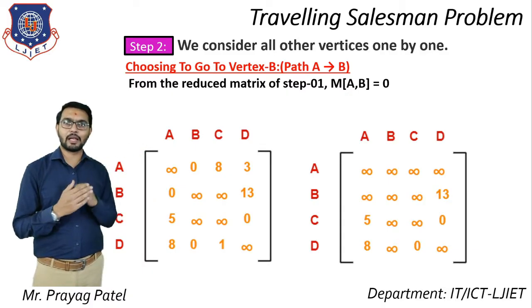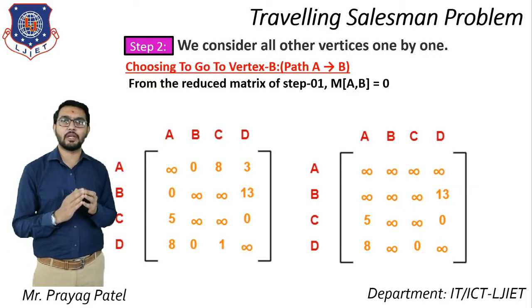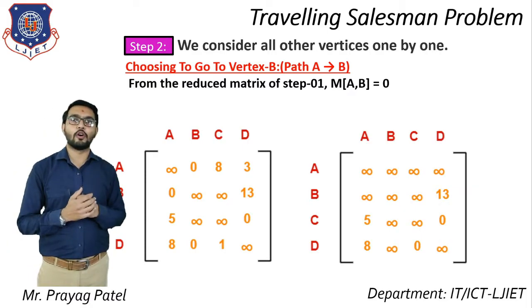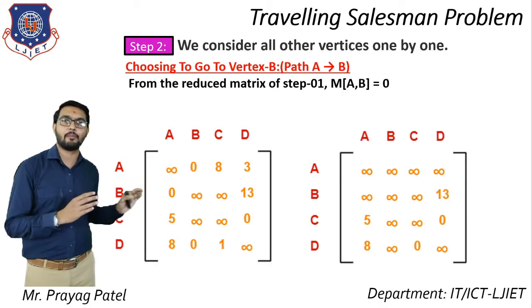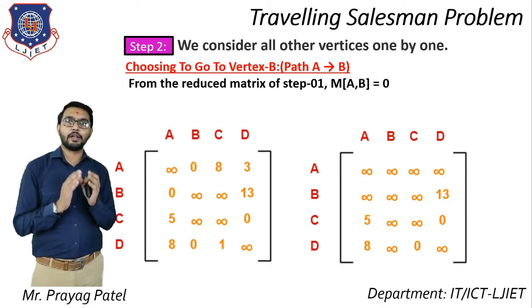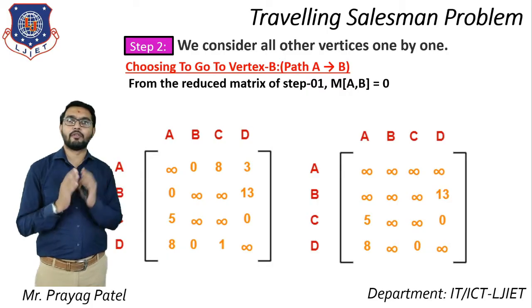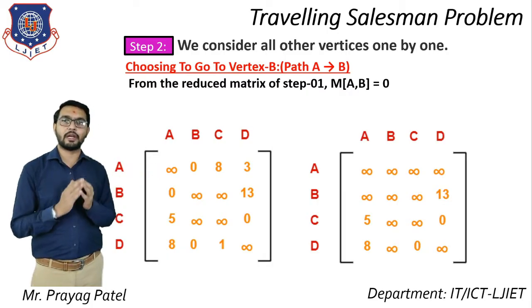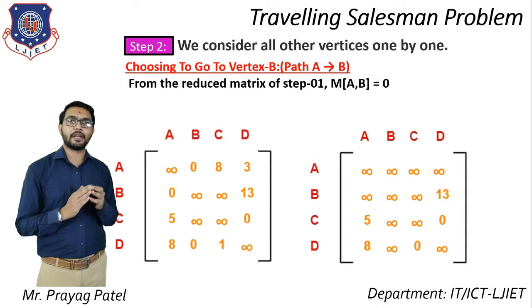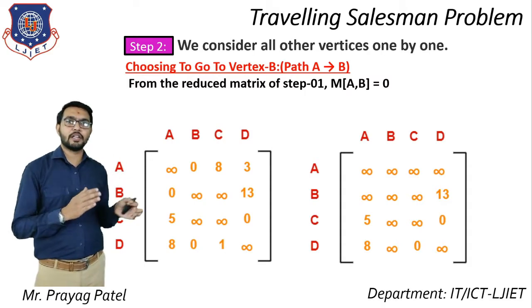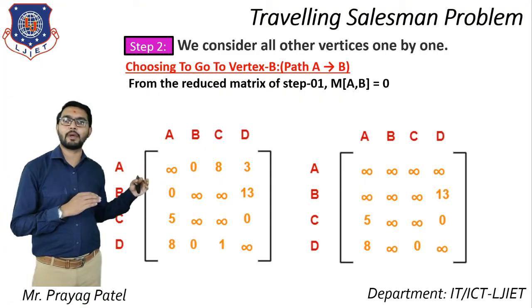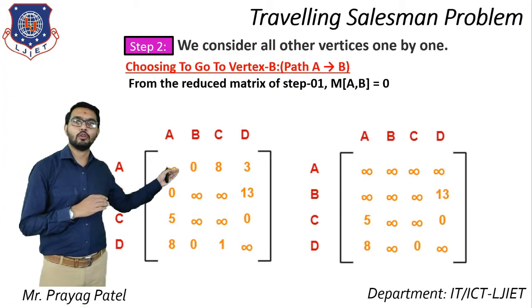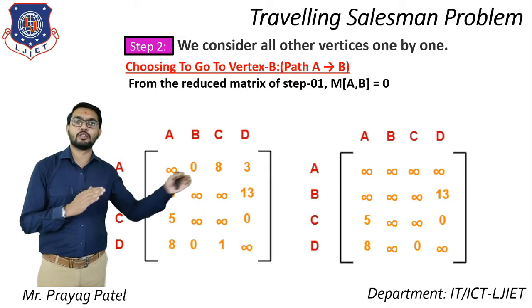Now first consider the path A to B. Then the first step is to consider the old value of M A to B. Here the matrix name is M. So from the reduced matrix of step number 1, consider the value of MAB equal to 0.